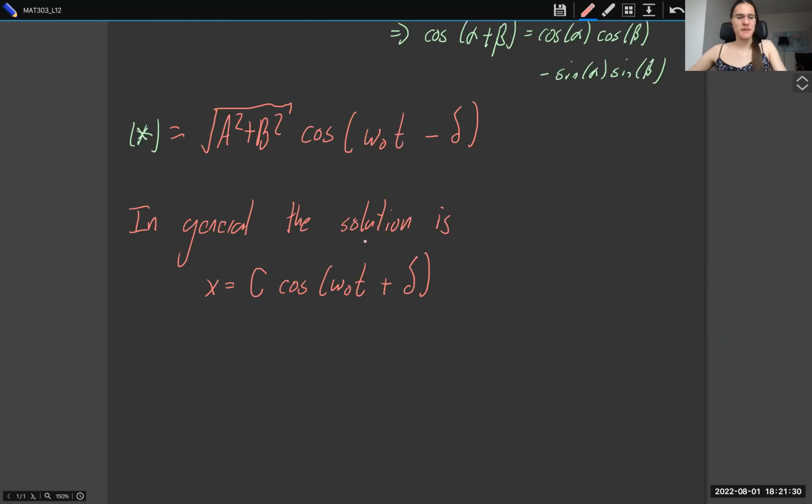I'd like to keep a positive sign there. I'm just redefining what the coefficients are, but that gives me the general solution. What this looks like is just oscillation, except that it's shifted.